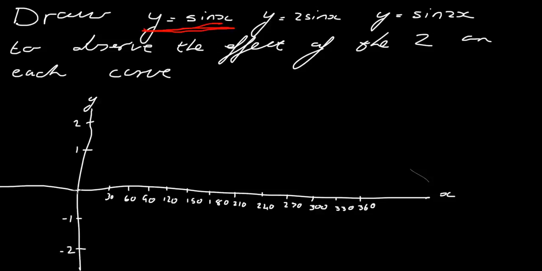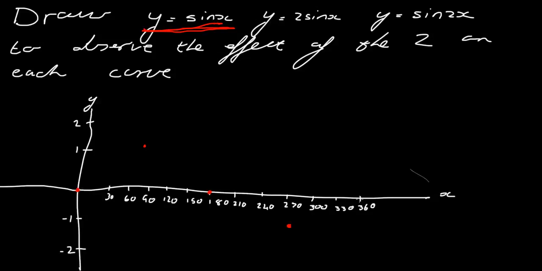Because it's a sine graph, we start here at 0. Then at 90 degrees we have to be at 1. At 180 degrees we cross 0. At 270 degrees we're going to be at -1.